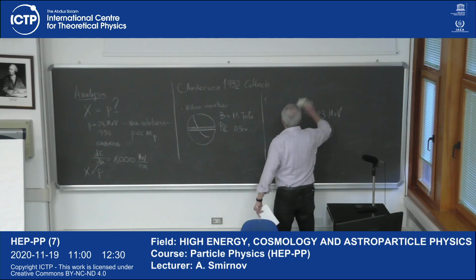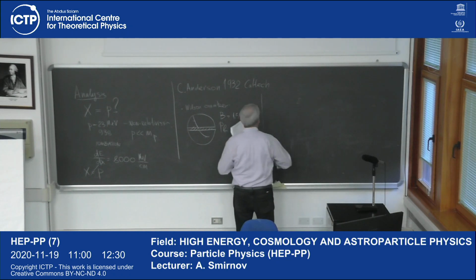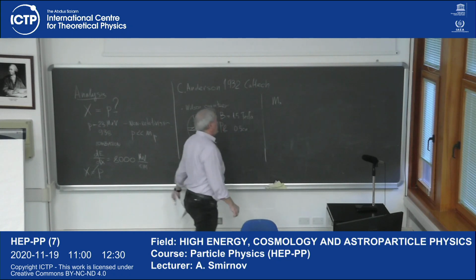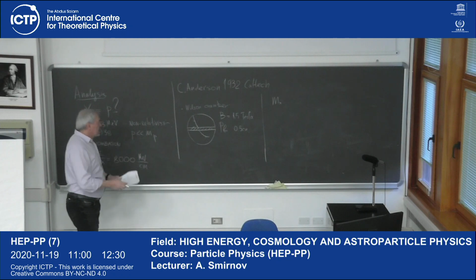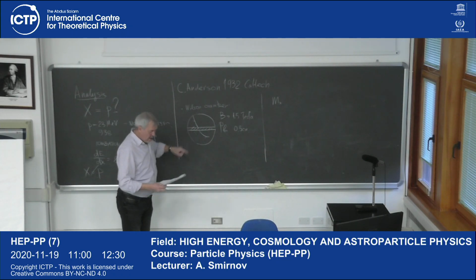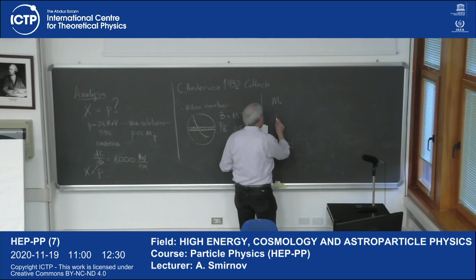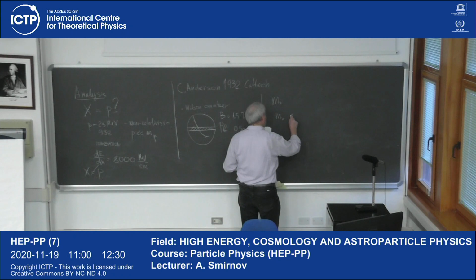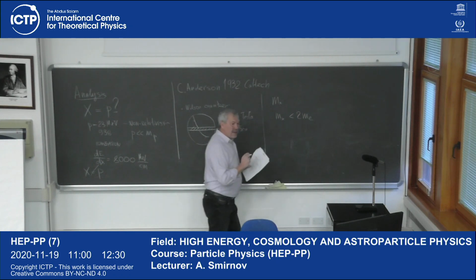But then I can assume that this is something which has mass mx and try to tune this mass in such a way to explain the energy loss here. And doing this, one can find that mx should be smaller than 2 masses of the electron.